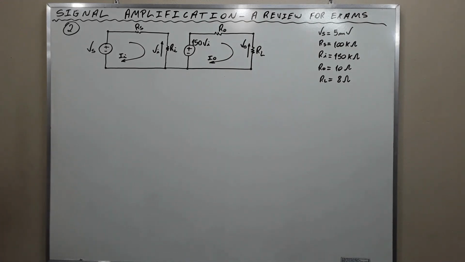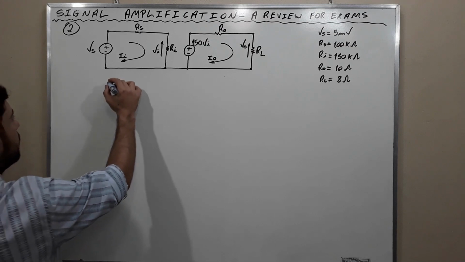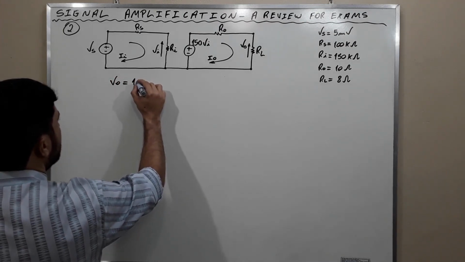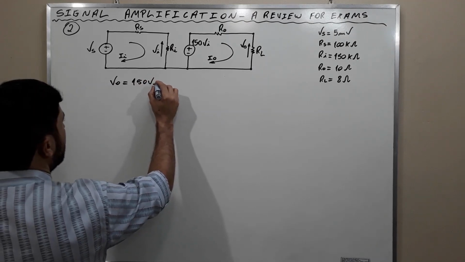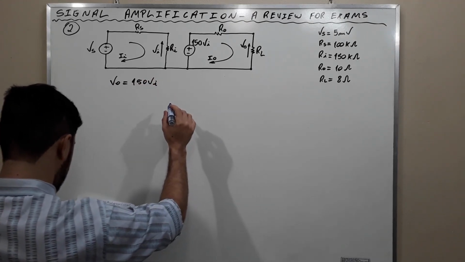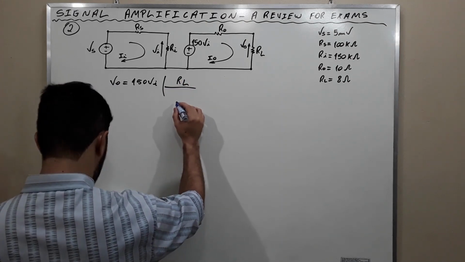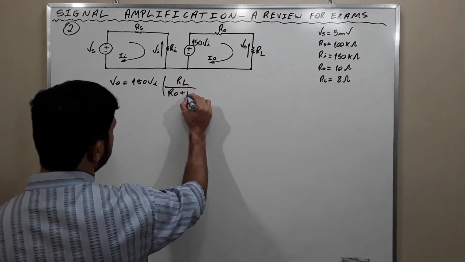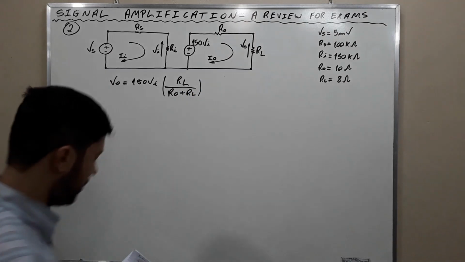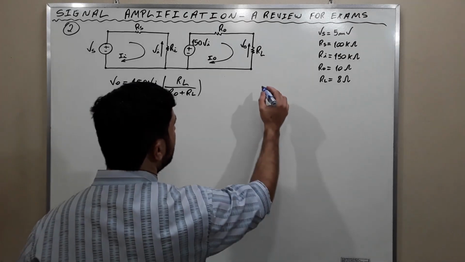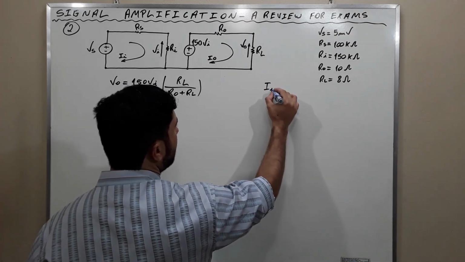Secondly, we calculated the current gain. Observe again that VO is equal to 150 VI times RL divided by RO plus RL. Okay? However, let's take a look at the currents.